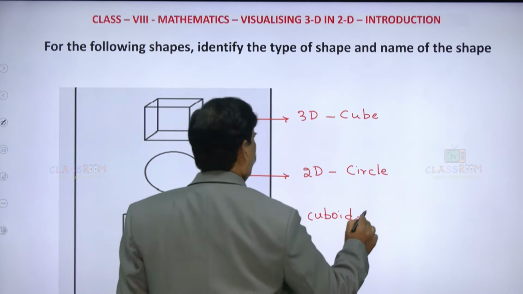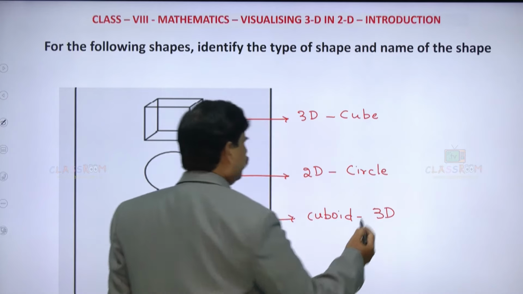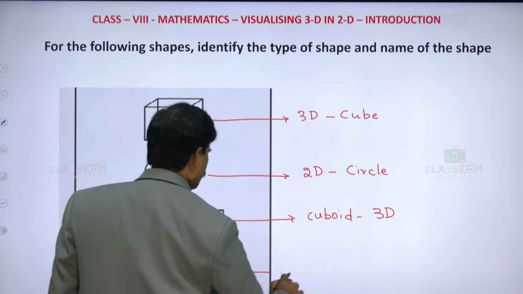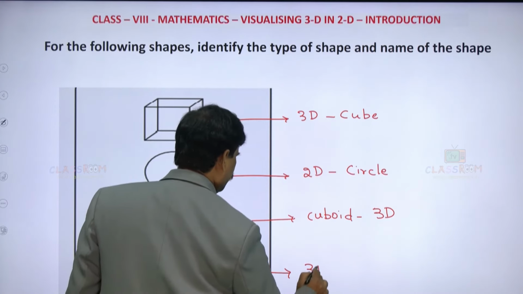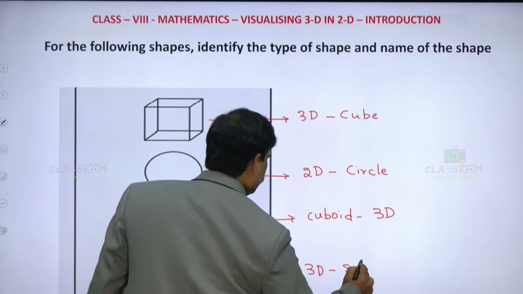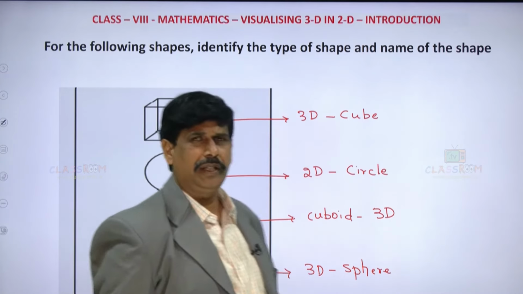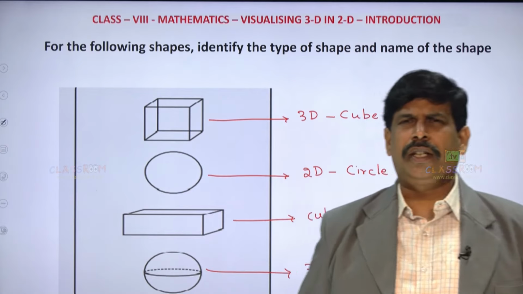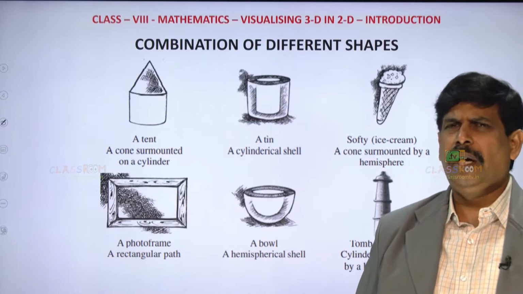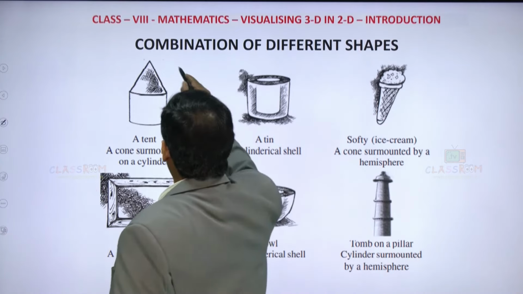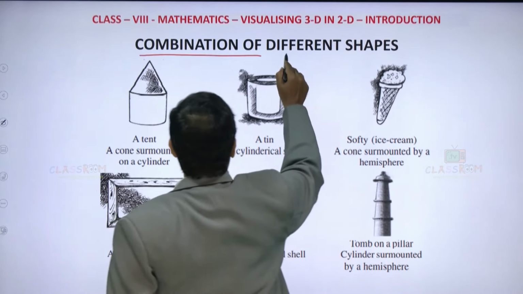So this cuboid, three-dimensional figure. And here it's a sphere. The sphere is also three-dimensional. Remember, circle is two-dimensional, whereas sphere is three-dimensional. Is it clear?